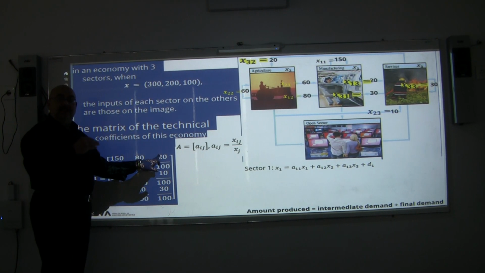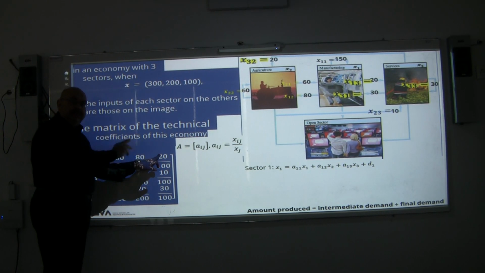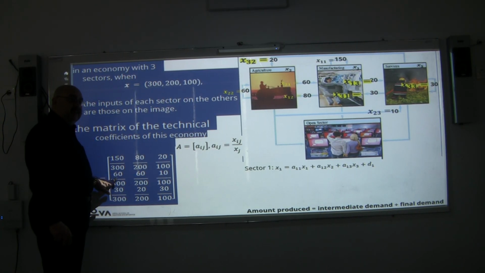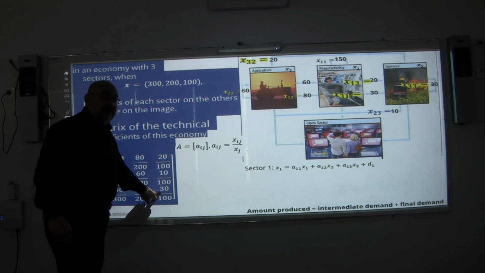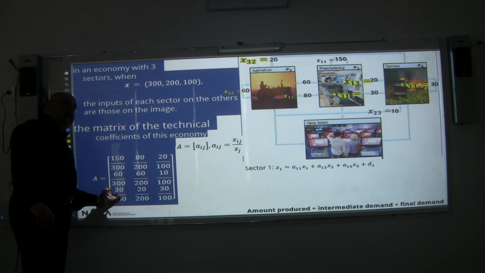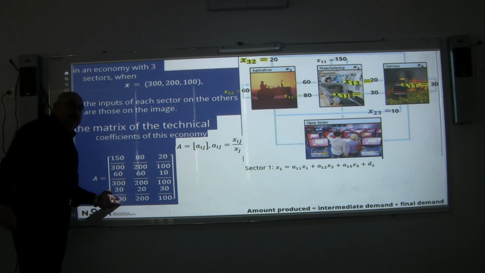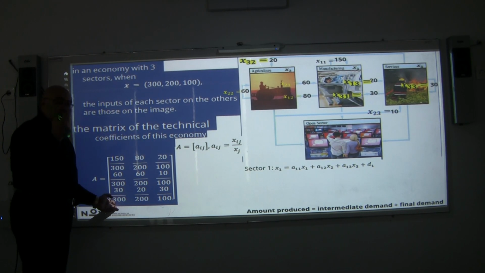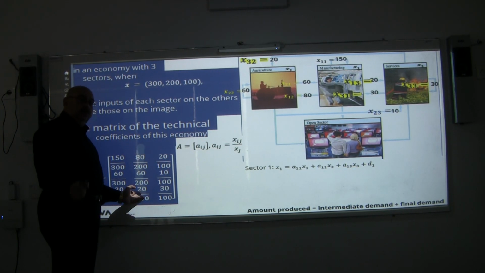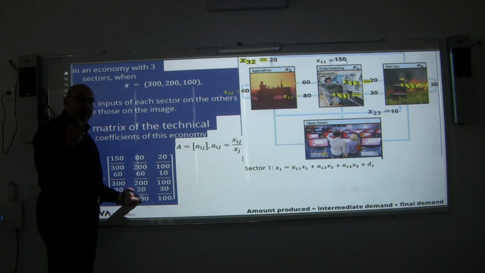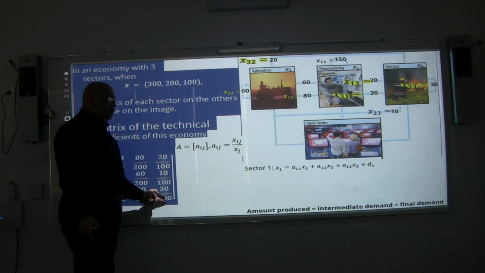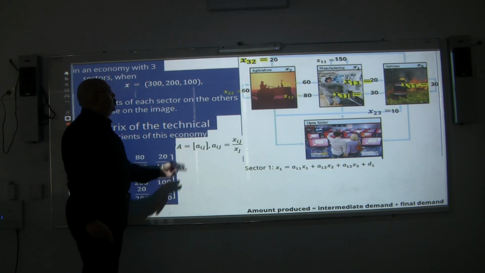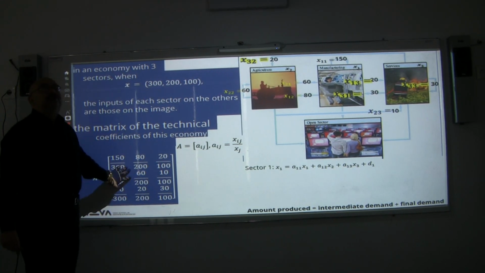That's the part exhausted from the production of the first sector in the three sectors. I will divide the first column by the total production of the first sector, which is 300. I will divide the second column, agriculture, by the total production of agriculture, which is 200. I will divide the third column by the total production of services. Now I have the ratios.